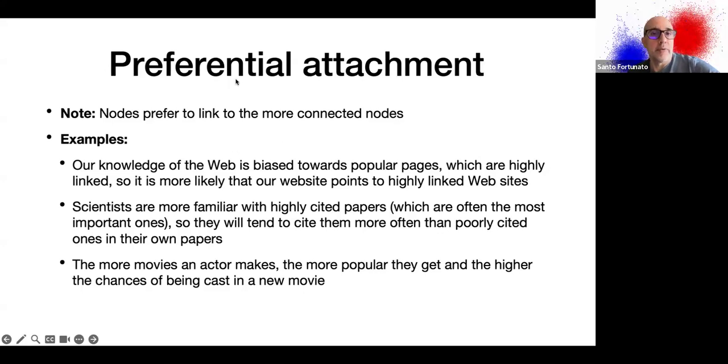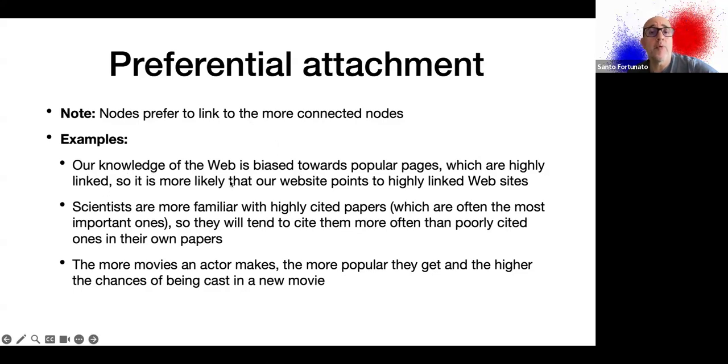The other consideration is that nodes prefer to link to the more connected nodes. This is probably not very surprising if you think about, for instance, how society works. We are attracted by people who are successful, or popular, rich, and the richer they are, the more attractive they become. But it's not the only context in which this consideration applies.